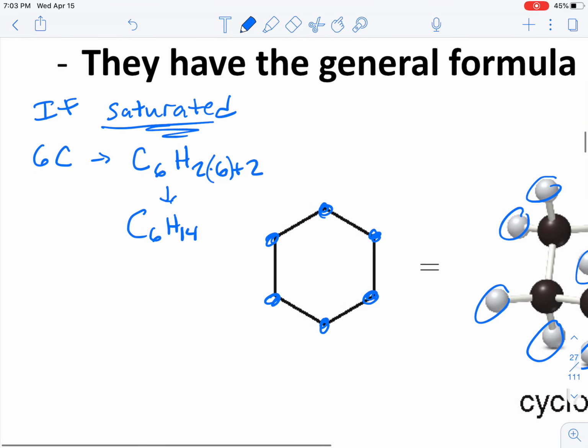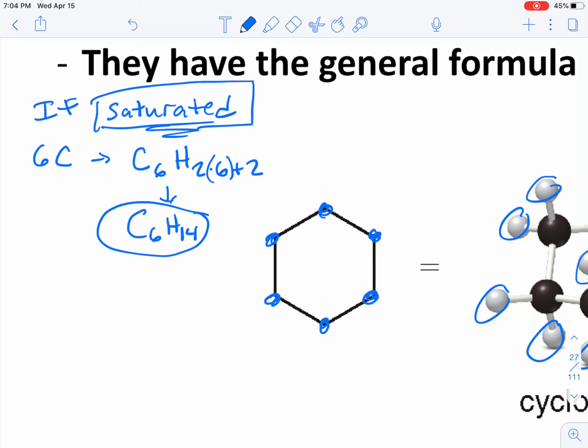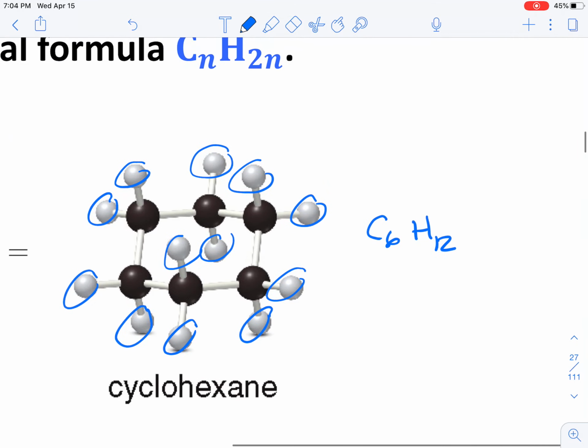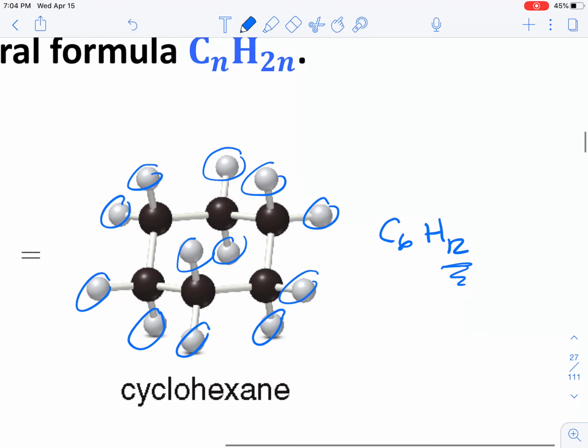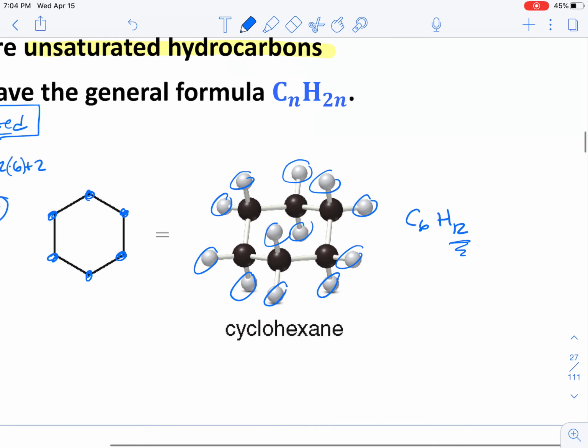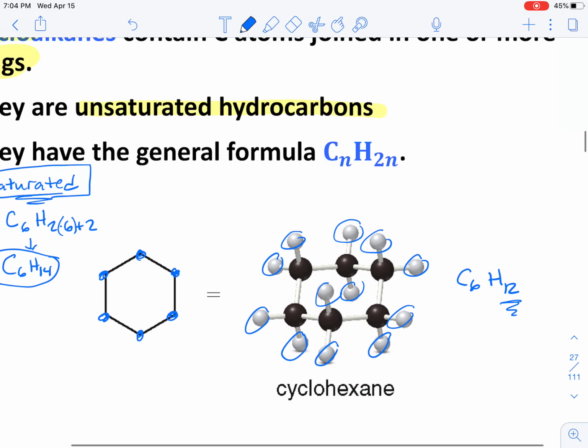Now, if you look at the theoretical amount, for a saturated compound, it's supposed to be C6H14, but that is not what we're getting here. And so this tells us that cyclic alkanes are unsaturated. Okay? And mathematically, they go by the chemical formula CnH2n.